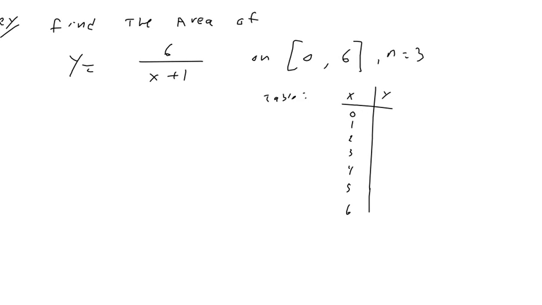That means we need to cut it into even rectangles. So I'm going to go from 0 to 2 is one rectangle, 2 to 4, and then 4 to 6. Those are my rectangles. Right, the delta x value is going to be from 0 to 6, cut into 3 pieces. Each of these are going to be my delta x's. Each of these are going to be 2. Slicing it into even slices between 0 to 6.